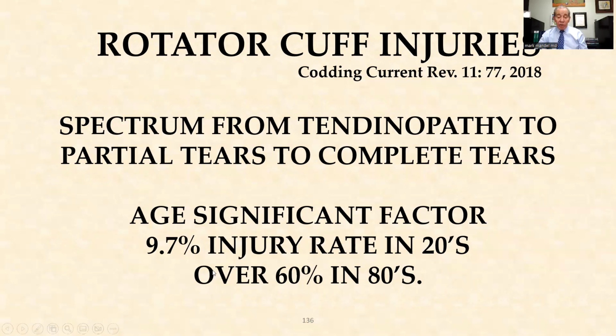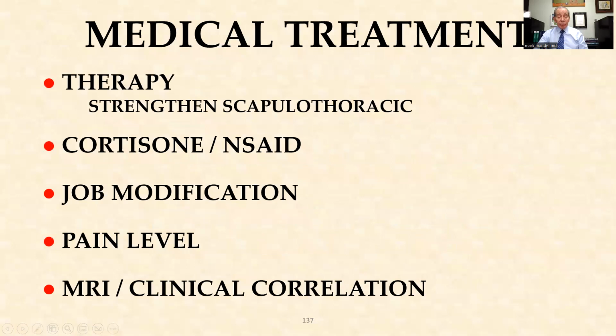But he pointed out that 9.7% of patients who are asymptomatic have tears seen on the rotator cuff. And he found that 60% of patients in their 80s have either partial or complete tears of the rotator cuff.